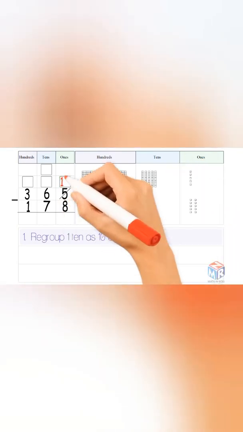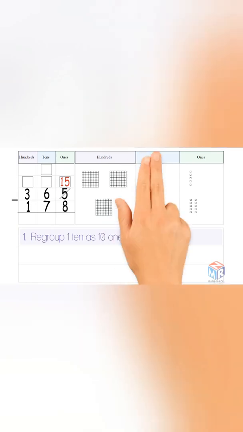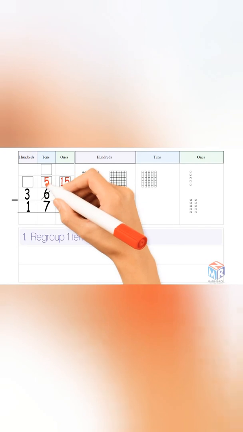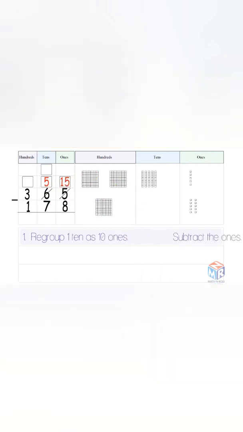Now we have 15 ones and 5 tens. Now we subtract the ones. 15 minus 8 is equal to 7.